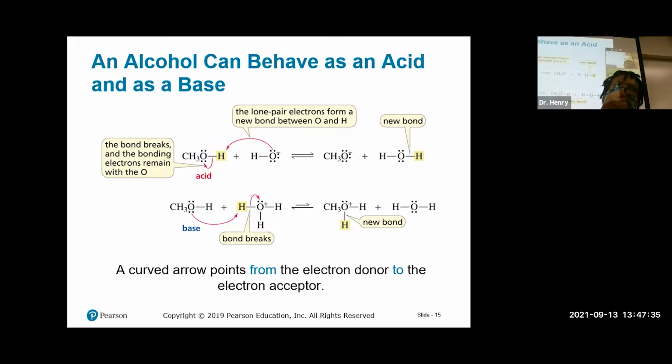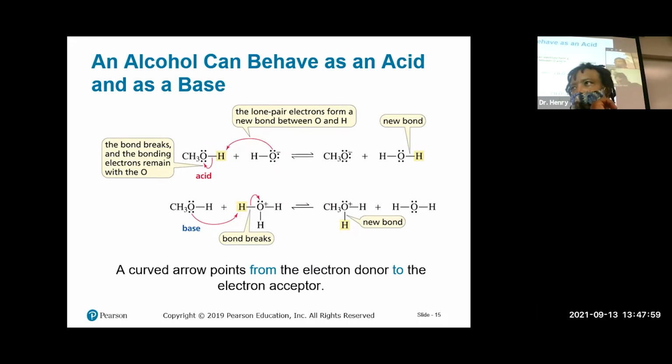So this goes from the definition of there being two different mindsets. Proton donor means that you're donating a proton, you're donating the H plus, compared to electron donor. The Arrhenius model is based upon the proton donor.